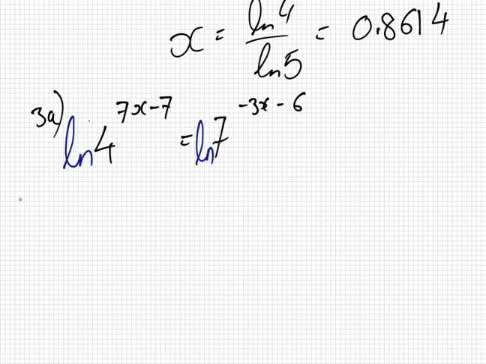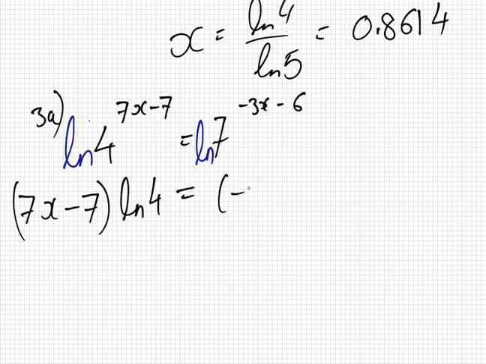So you get 7x minus 7 log 4 equals minus 3x minus 6 log 7. Then what we do is we multiply this out. So these powers came down, and then we'll multiply them out.